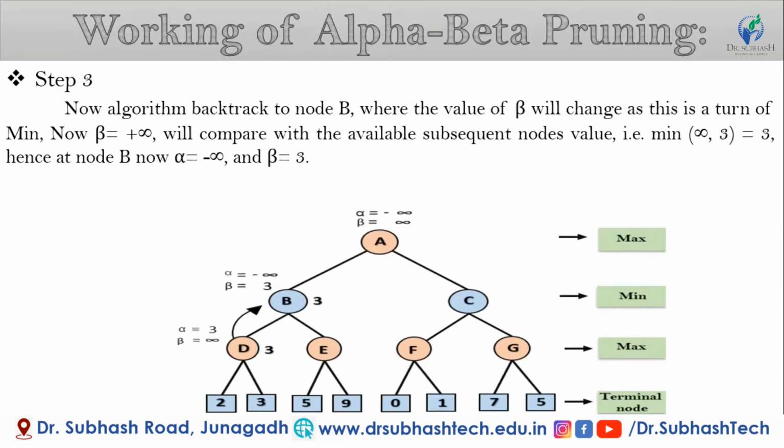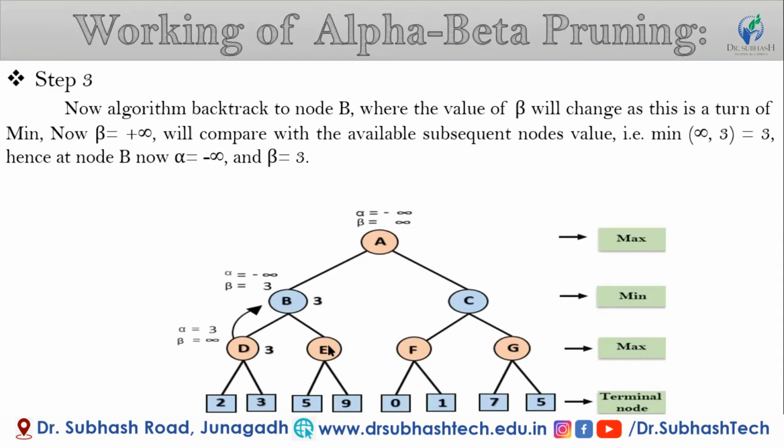So the min value is equal to 3. Hence at node B, now alpha is equal to minus infinity and beta is equal to 3. In the next step, the algorithm traverses the next successor of node B, which is node E.